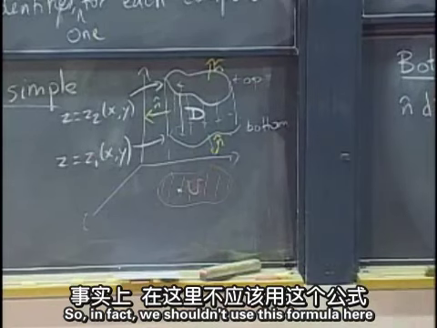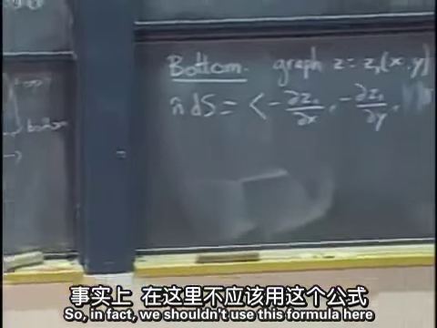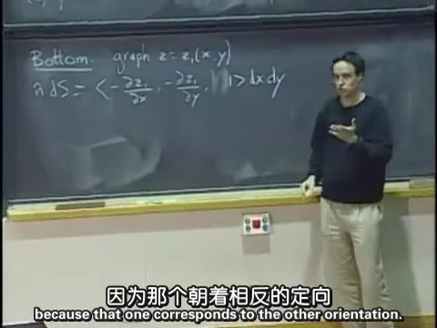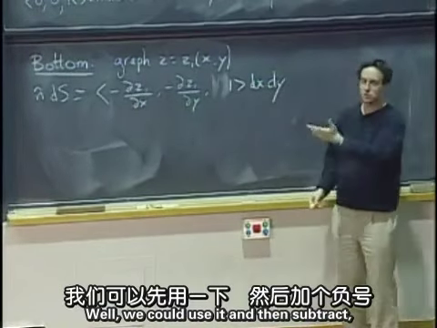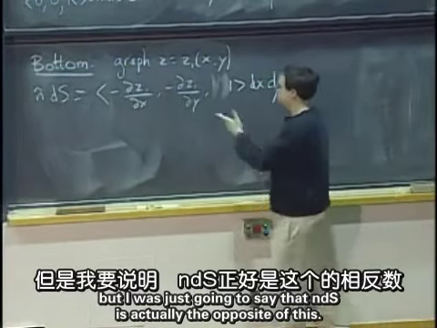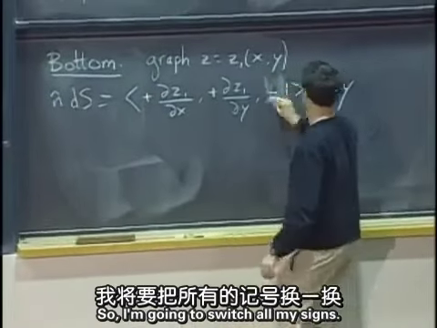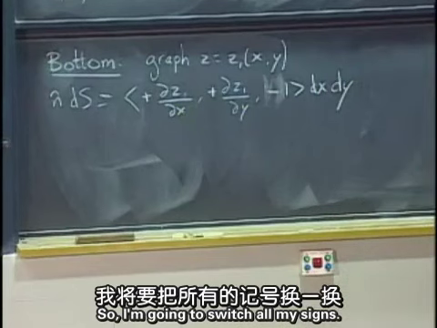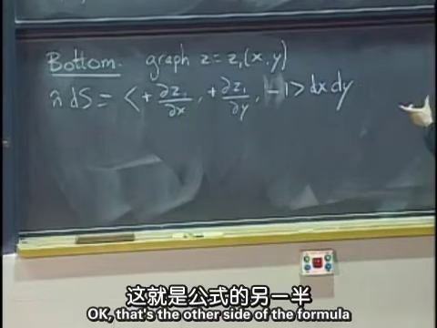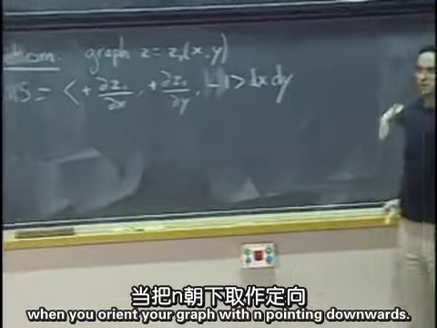So in fact, we shouldn't use this formula here because that one corresponds to the other orientation. Well, we could use it and then subtract, but instead I'm just going to say that n dS is actually the opposite of this. So I'm going to switch all my signs. That's the other side of the formula when you orient your graph with n pointing downwards.